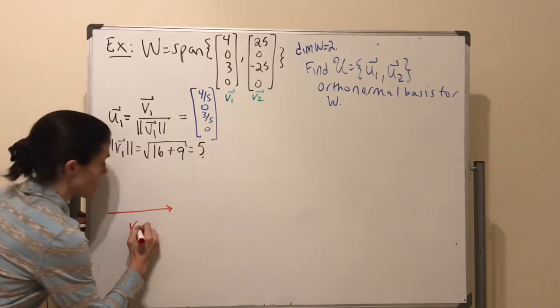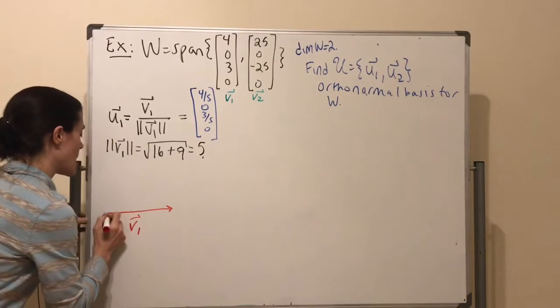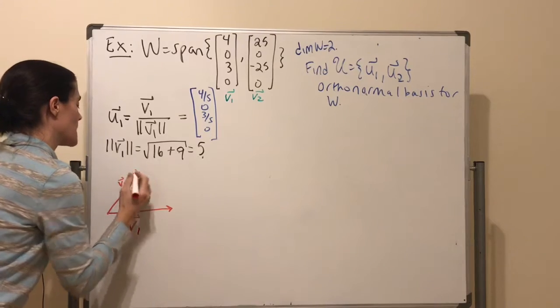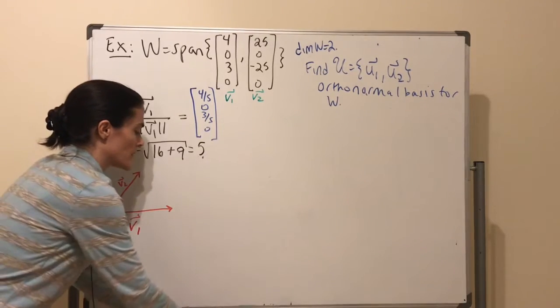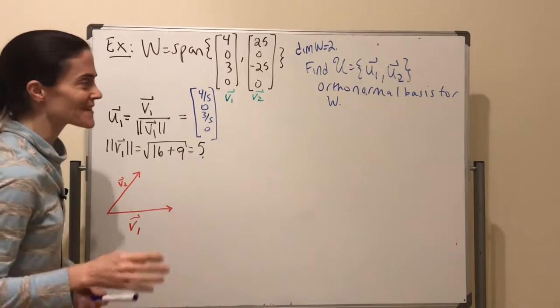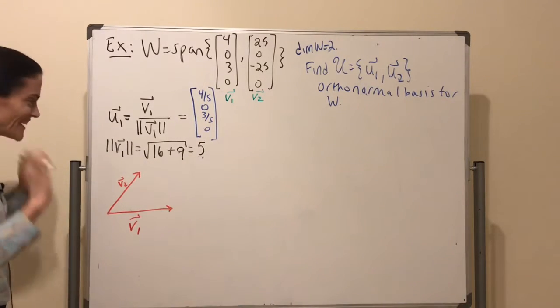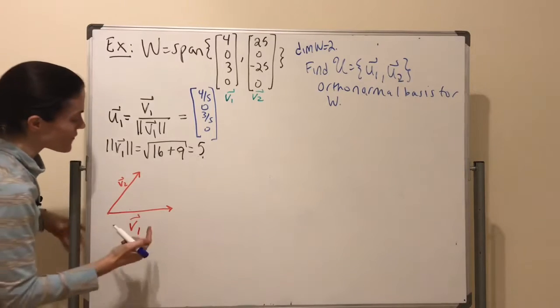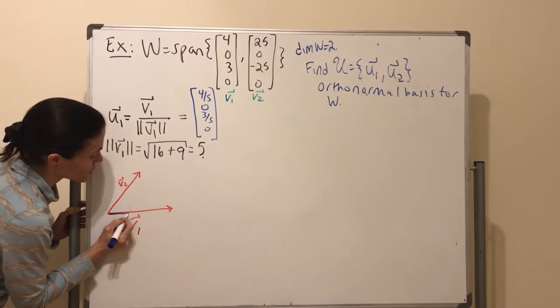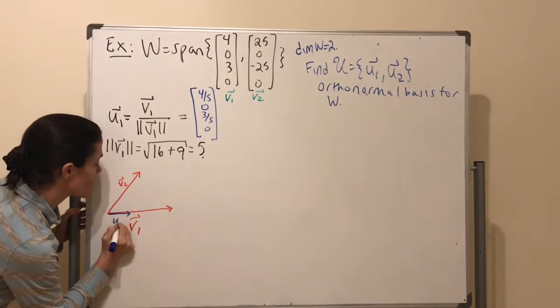So say we have some V1, and then we have some V2 here. And what have we done so far? First of all, you see by the picture, they are not orthogonal. Okay, very good. But what we've done so far is we take V1, divide by its length, and we get a little unit vector, say U1.